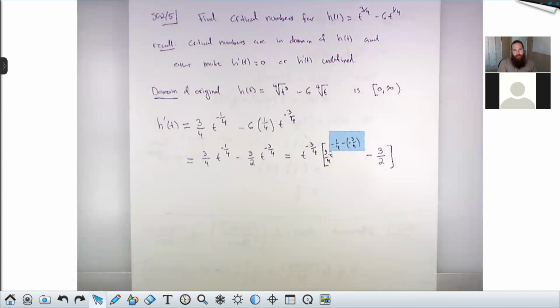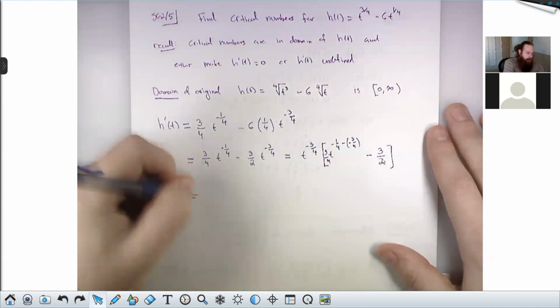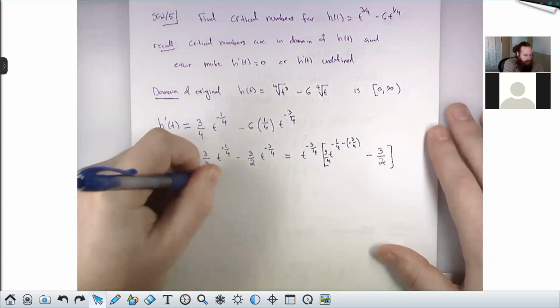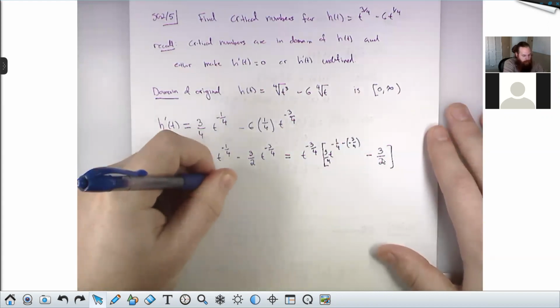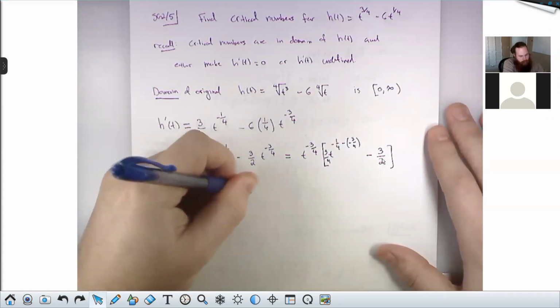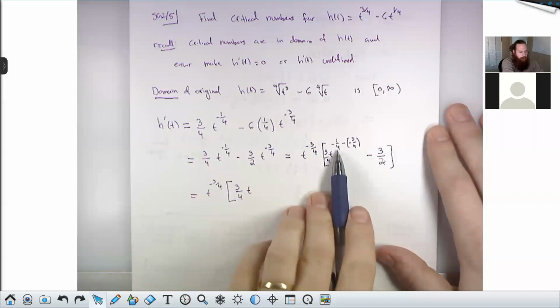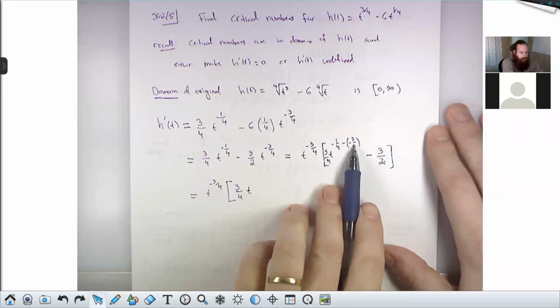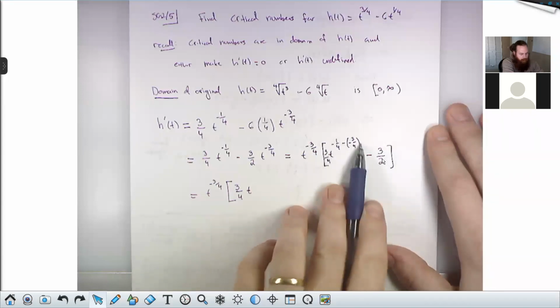So sorting out this power is the only tricky part of this, and it goes very fast. You just subtract the powers because you're just dividing out by this term. So you'll see this will go a lot faster than the common denominator stuff. I get t to the negative 3/4 times 3/4 t to the negative 1/4 minus negative 3/4, which is negative 1/4 plus 3/4.